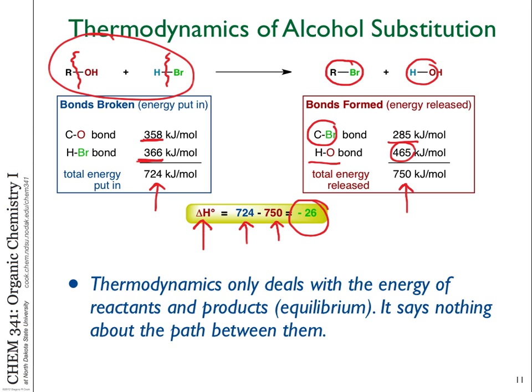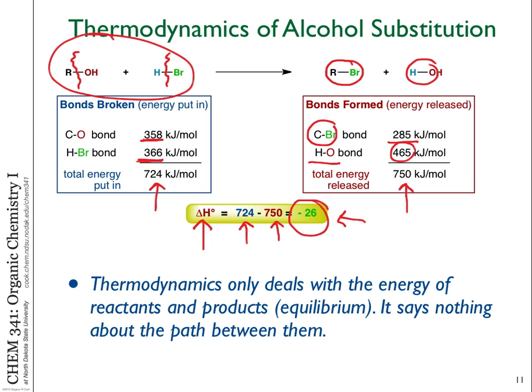Okay, delta H is negative. That's pretty close to what the delta G is. So energy is being released in this overall process. So is it exothermic or endothermic? Exothermic, right. The products are lower in energy than the starting materials.